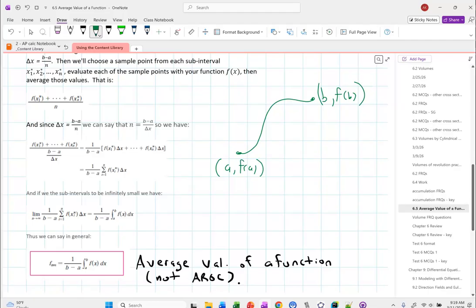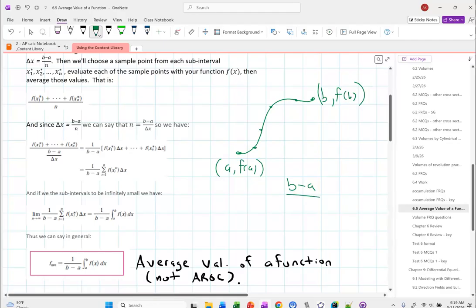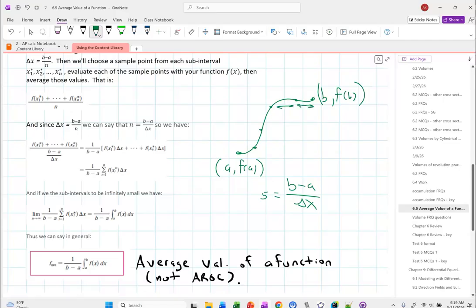The number of points that we're going to be taking is going to be b minus a divided by the gap between our x's. So if this is 1, 2, 3, 4, 5 spots, it's going to be this distance between the x's. That's what we're talking about as the delta x, right?